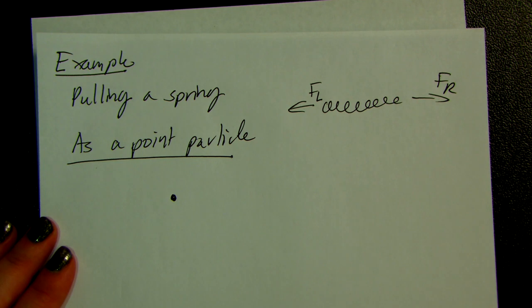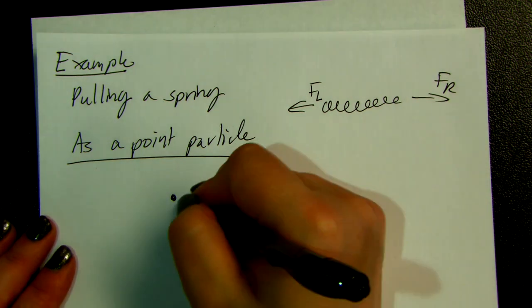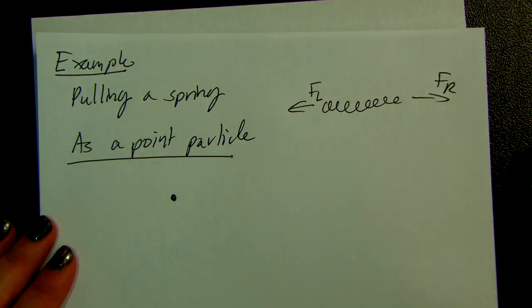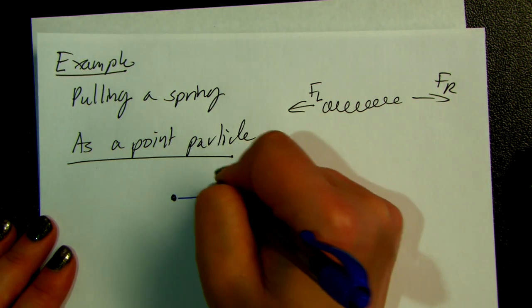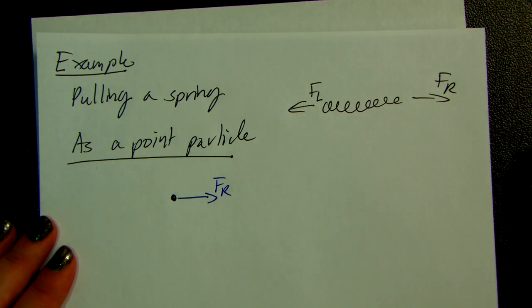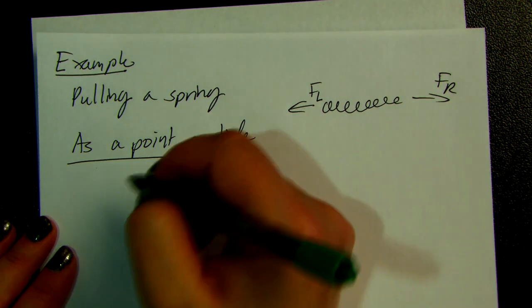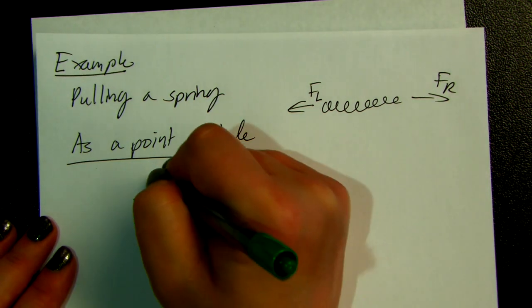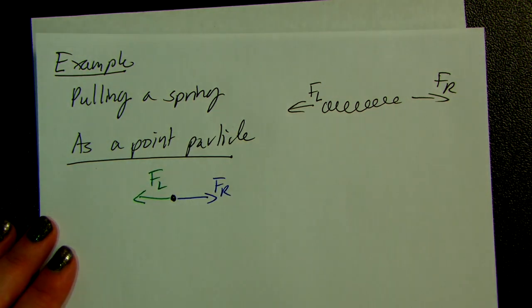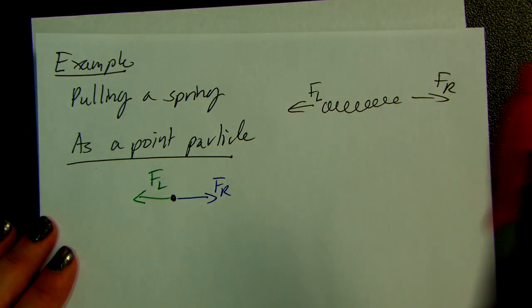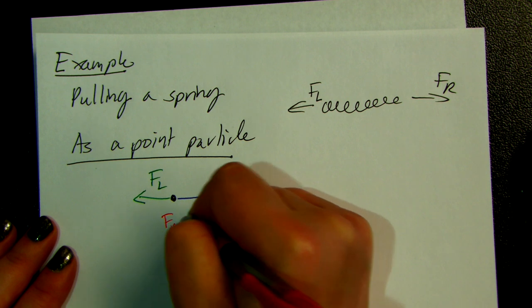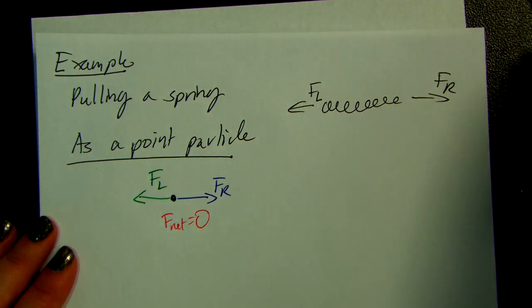The spring's being pulled by a left hand and a right hand with equally applied forces. In this particular case, F net is equal to 0.